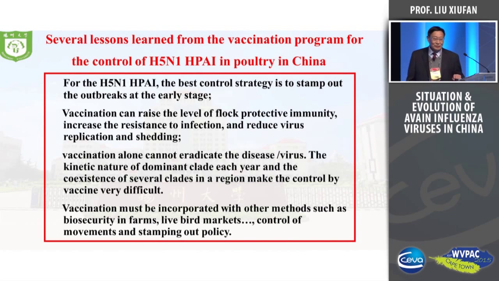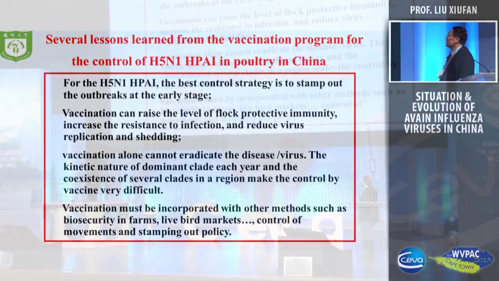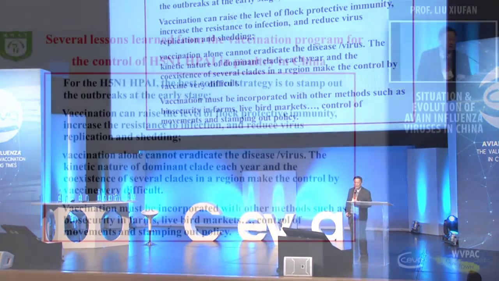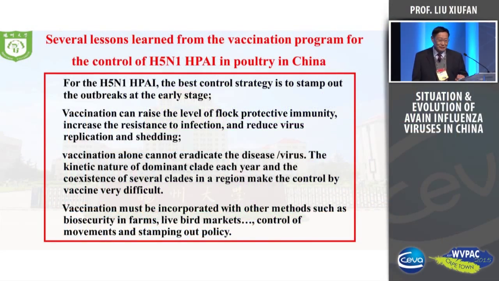So we have several lessons learned from the vaccination program for the control of H5N1 in poultry in China. First, for the H5N1 HPAI, the best control strategy is stamping out the outbreaks at the very beginning, at the early stage.